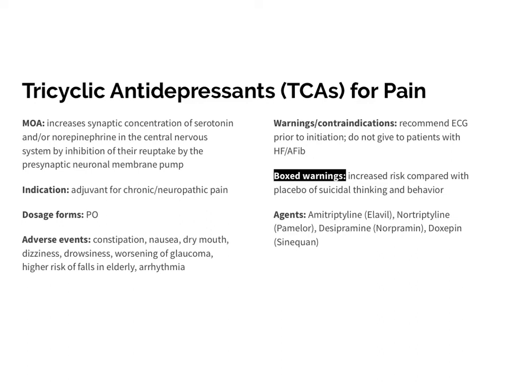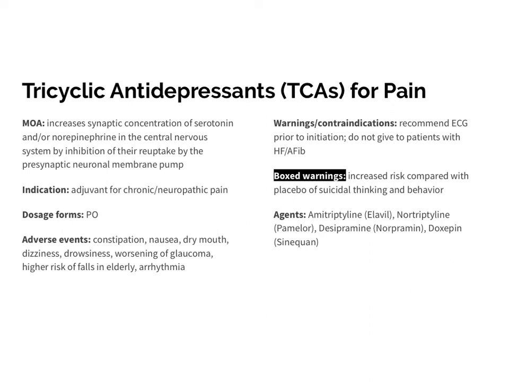These increase synaptic concentrations of serotonin and sometimes norepinephrine in the central nervous system, and they inhibit reuptake of those neurotransmitters. They are indicated for adjuvant pain for either chronic or neuropathic pain. Tricyclics have been used for neuropathic pain for many years and have been proven very effective.